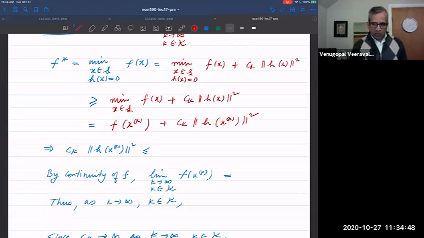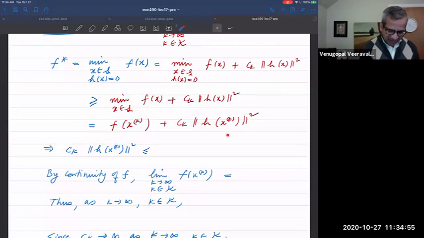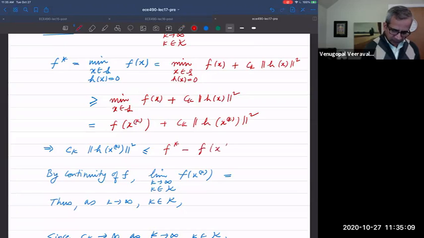So from this, we just rewrite this equation that we just derived. We showed that f star has to be bigger than or equal to this. So I'll just take this to the left-hand side, and I conclude that ck times the norm of h of xk squared has to be less than or equal to f star minus f of xk, for all k. We'll call that 1.